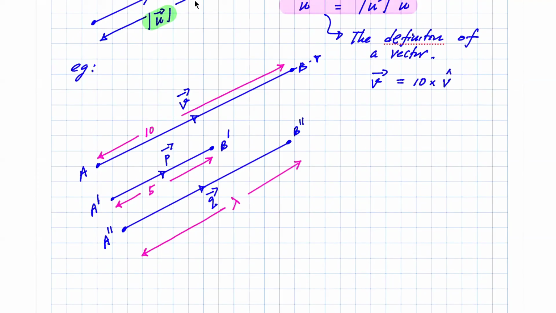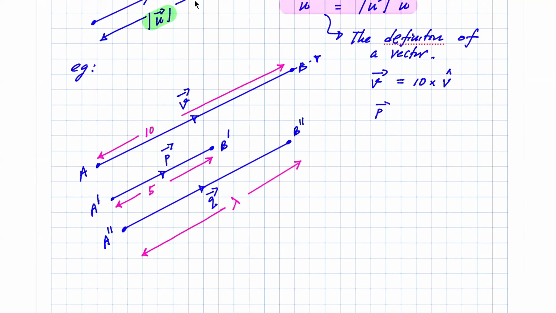So when we say V hat, it is in the direction of V, which is this direction, but it is given by the unit vector. Unit vector means the size of that hat is 1. So that's the definition. Now we need to define P vector.